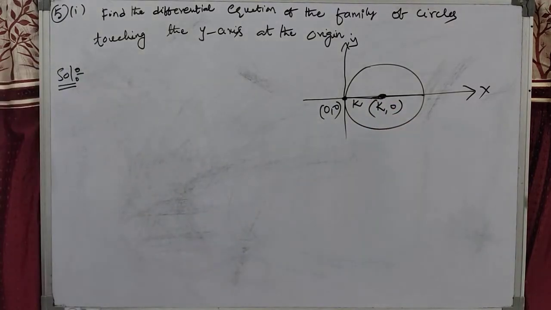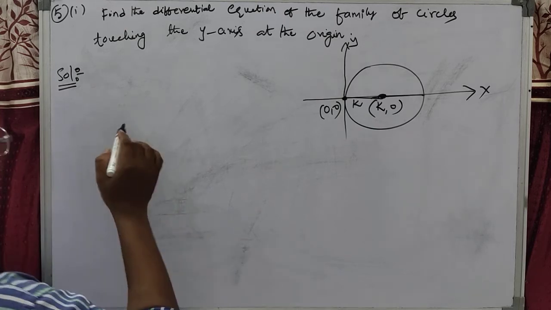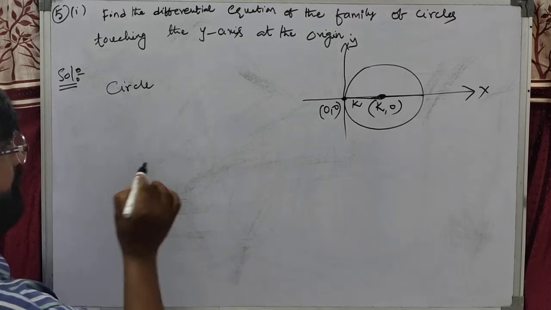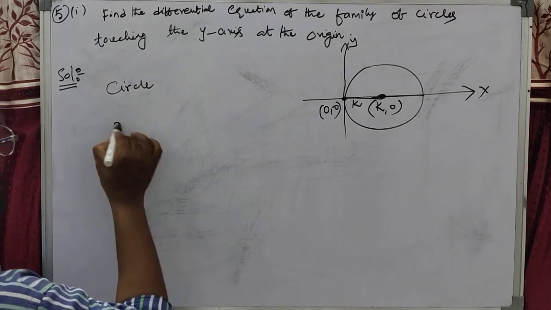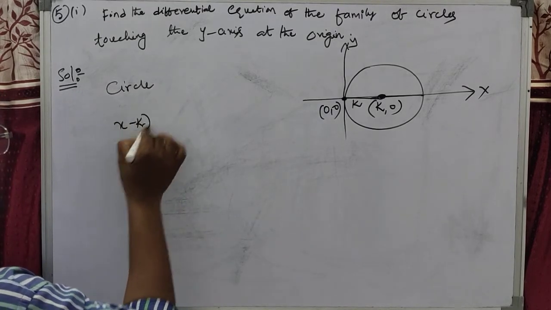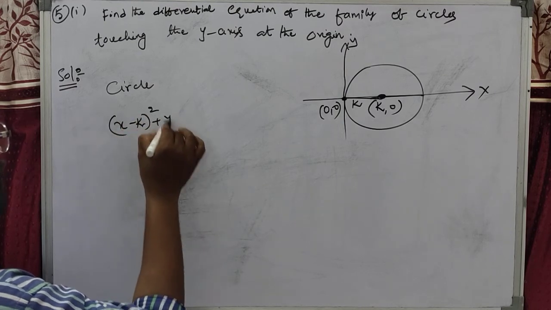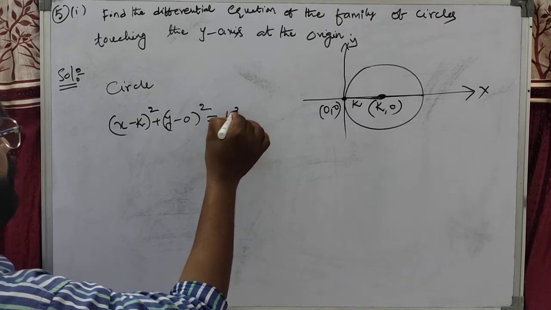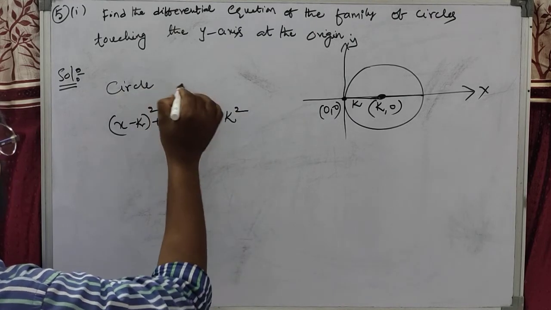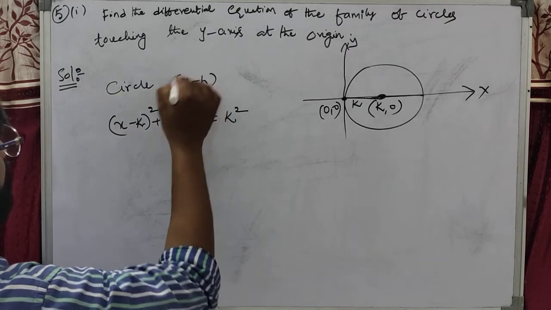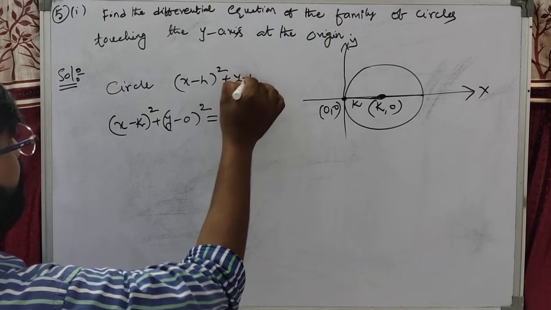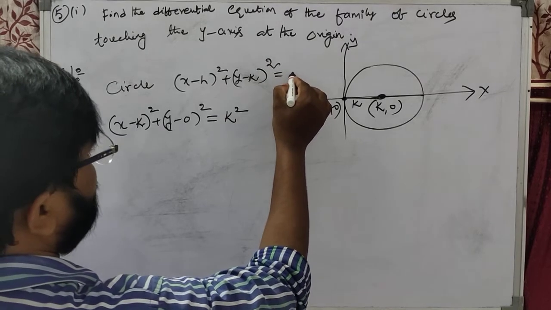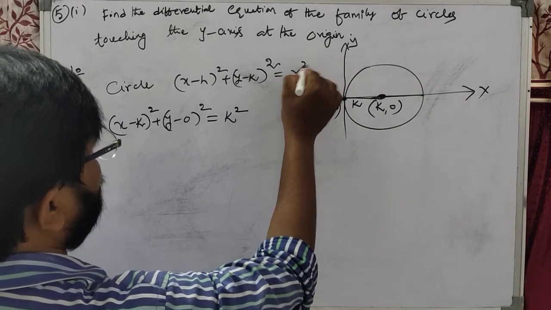So the equation of the circle is (x minus h) whole square plus (y minus k) whole square equal to r square.